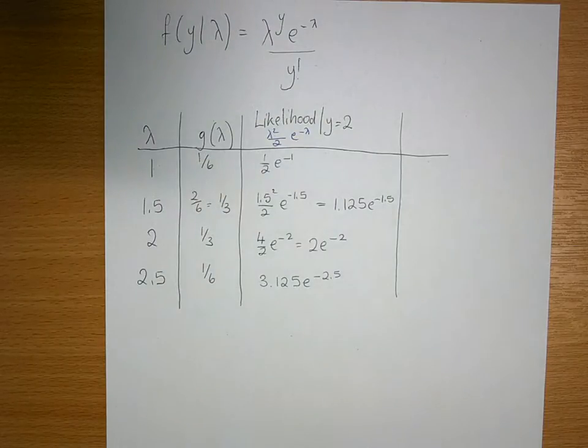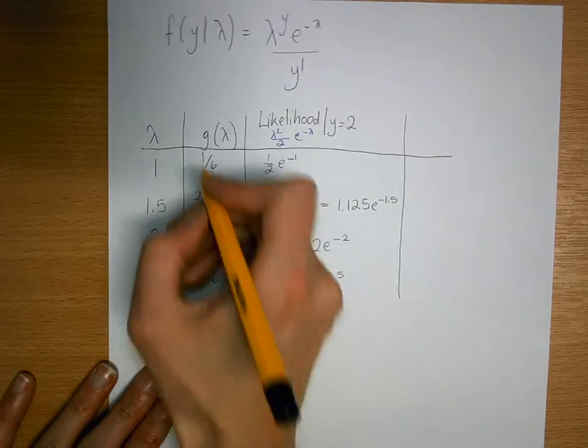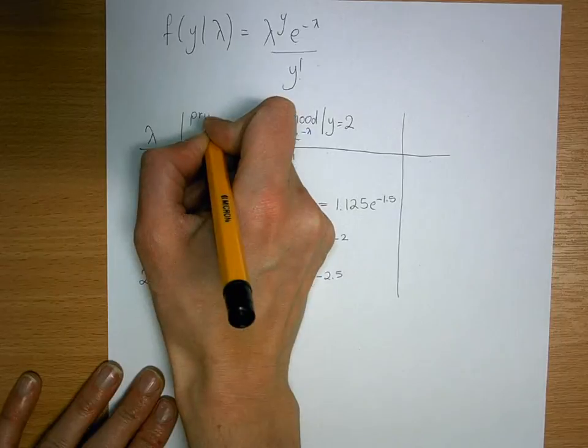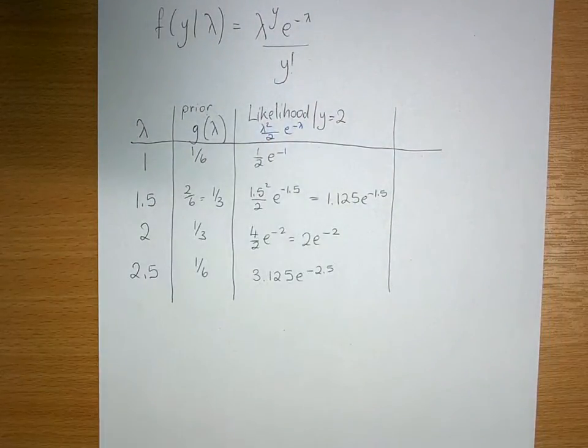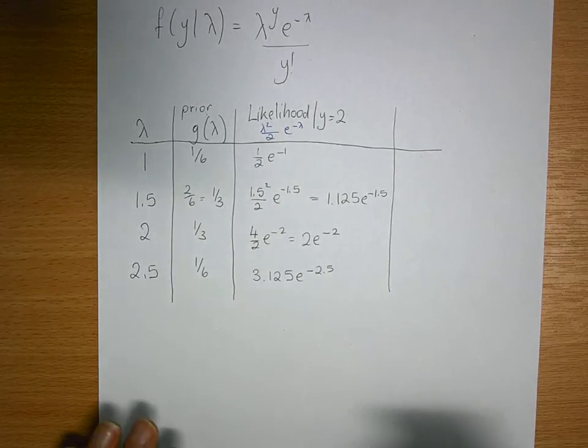This is our reduced universe. It's what we've seen, what we're interested in. Everything else is kind of irrelevant because it hasn't happened. So the next thing, we have our prior and we have our likelihood. What's our next thing we do? Times them. Yep, prior times likelihood.